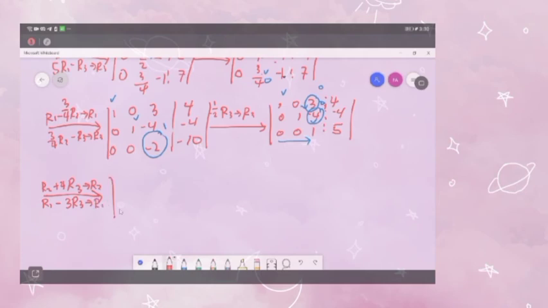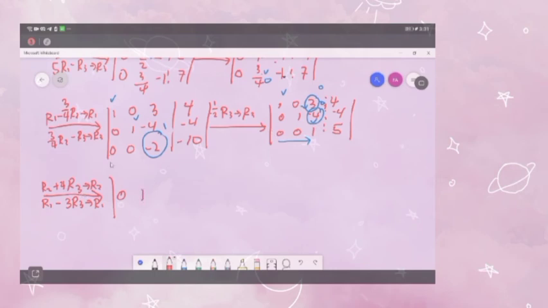Okay, let's see. So first R2 here, row number 2 plus 4, row number 3. So 0 plus, and put it in row 2. Okay, 0 plus 0 is equal to 0. Okay, 1 plus 0 times 4 is equal to 1.